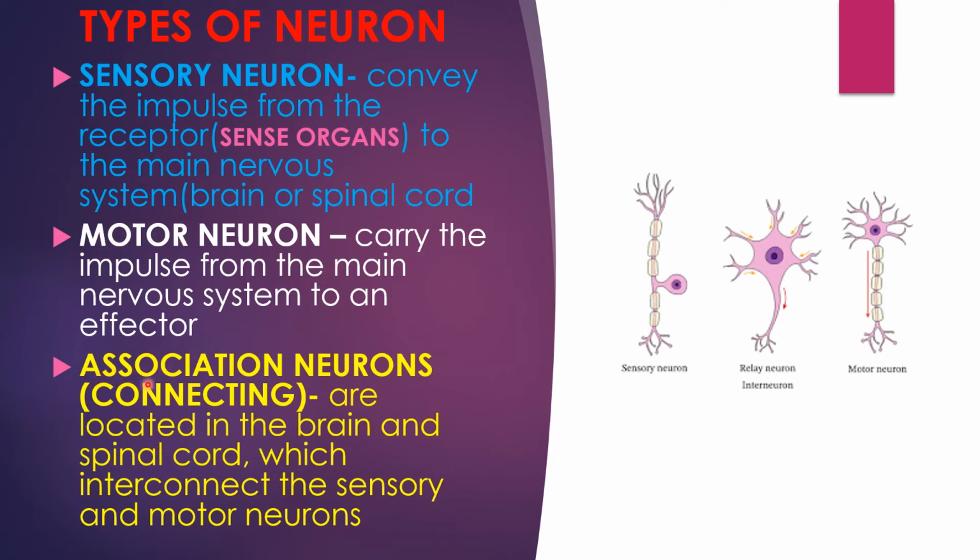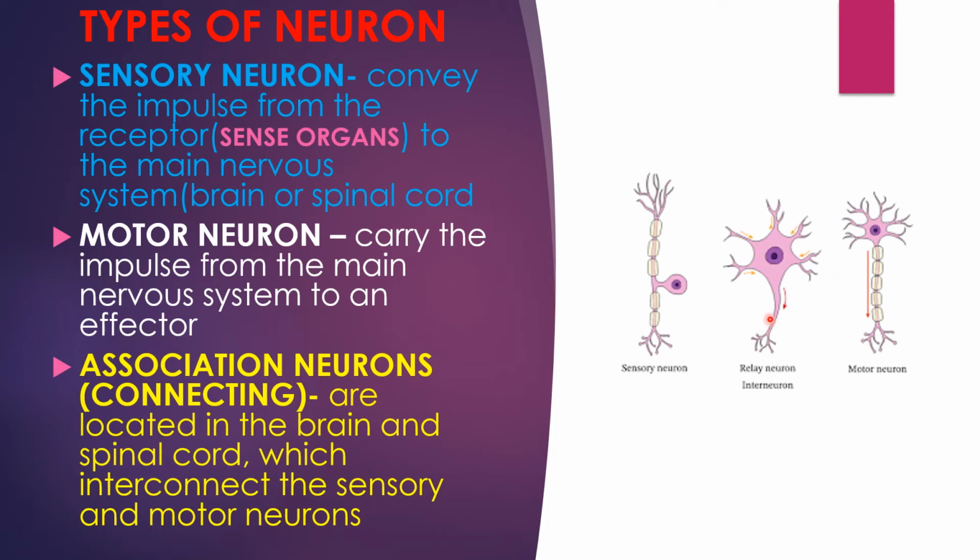Then the third one, association neuron or connecting neuron. Here you can see it is located in the brain and spinal cord. It will be in the brain or spinal cord, which interconnect the sensory and motor neuron. These two neurons connecting with this association neuron or connecting neuron.